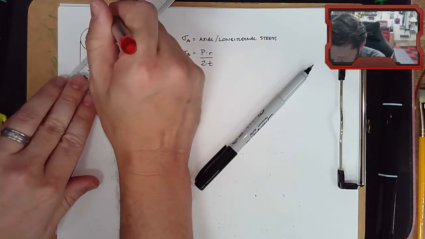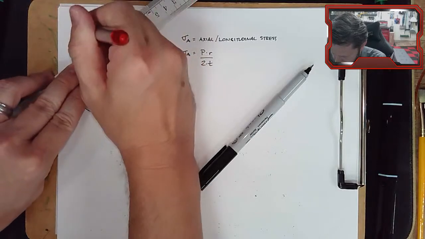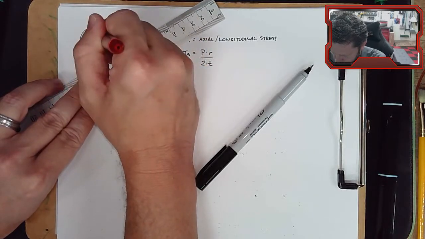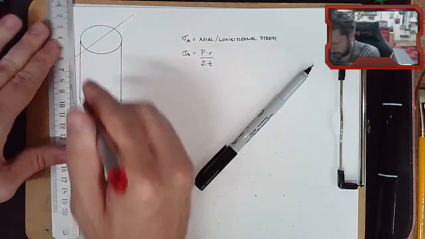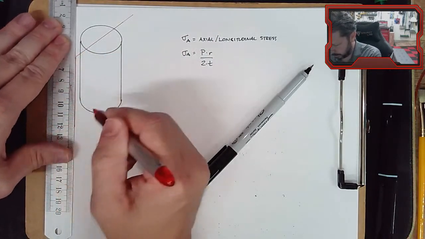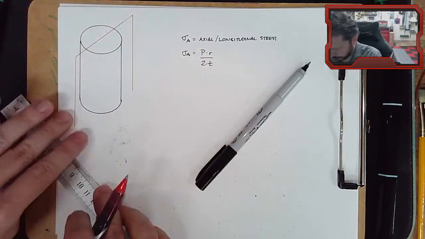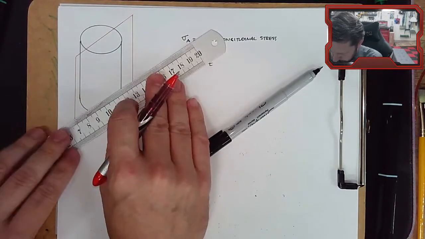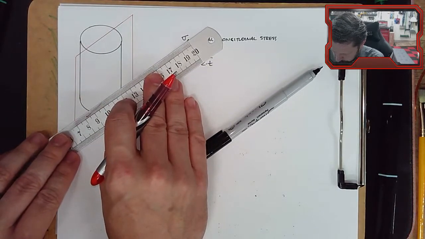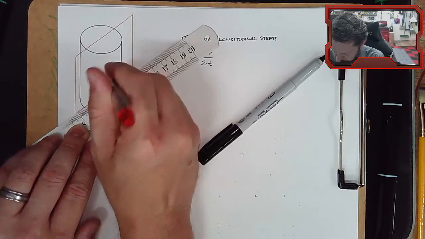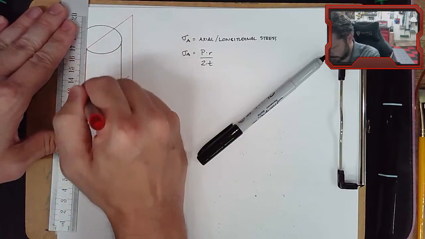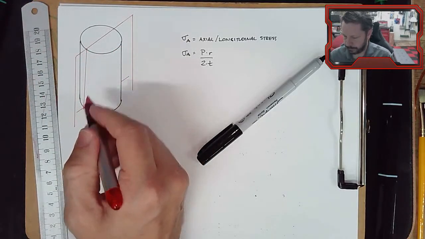Kind of like this. If I can find where the diameter would be. So we have a plane that cuts it like this. And it's going to cut through down there somewhere. Right there. So it's going to cut it apart right there.